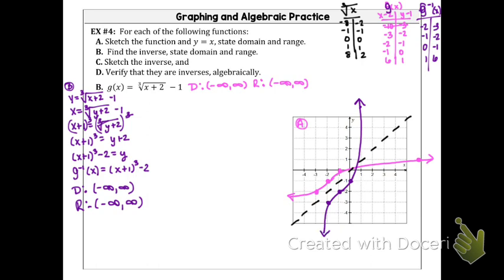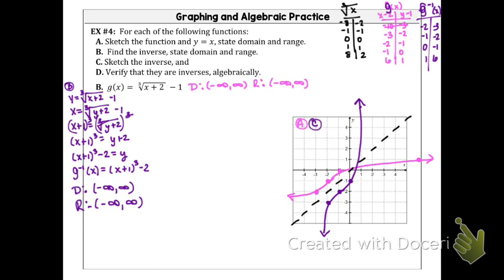There we go. We know it's a cubic function. It should have that little swirly shape going on there. I can look at my domain and range. It is negative infinity to infinity for both. All right, we also did C because we sketched it.